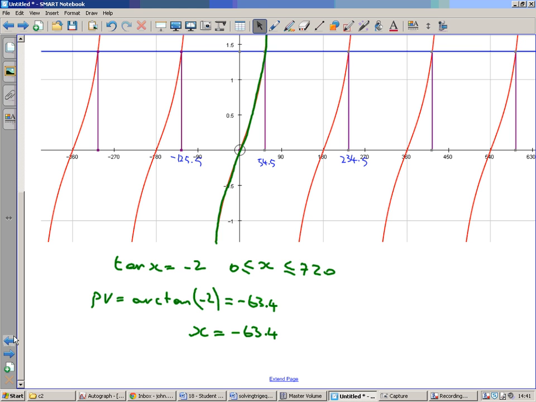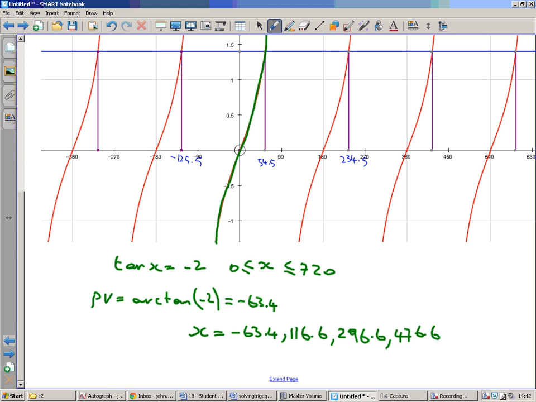So the first one we actually want is 116.6. The second one, add 180 again, 296.6. Third one, add 180 again, 476.6.